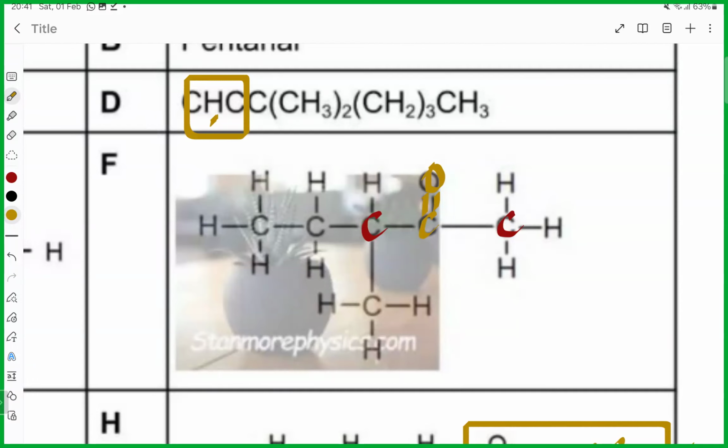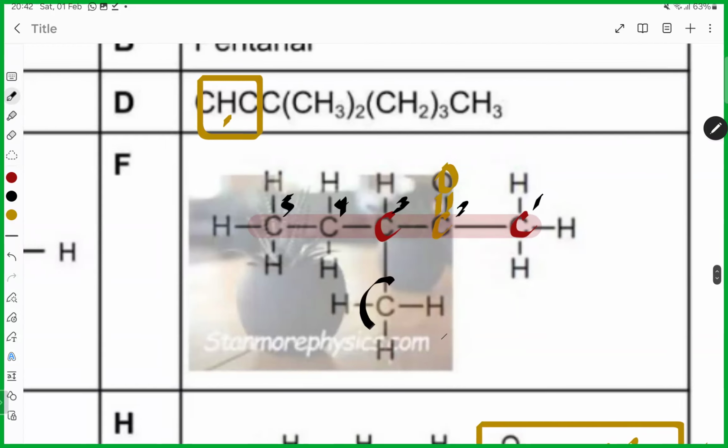I know learners don't like ketones, so let's do it again with me. Identify your main chain. Your carbonyl group, you start numbering from the side closest to the carbonyl group. 5 carbons in the main chain, right? You got a methyl side chain here.